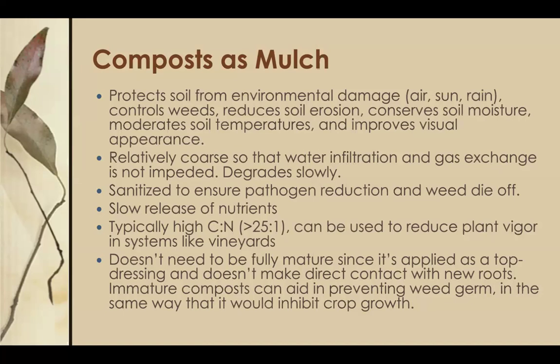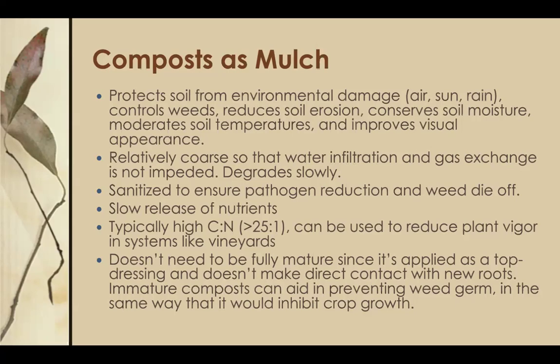And there are some facilities which will put mulch through a composting process, where the mulch will get hot enough, go through that pathogen reduction process and sterilize, but it's actually still very, very high carbon and very woody. And that's really great for certain systems if you want a mulch.